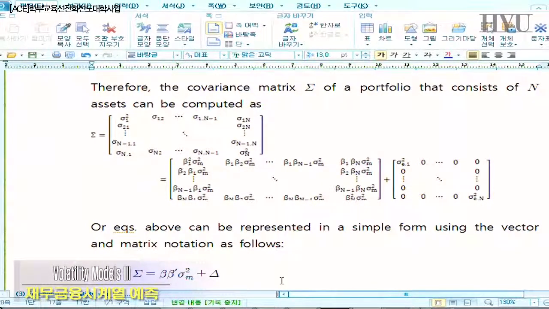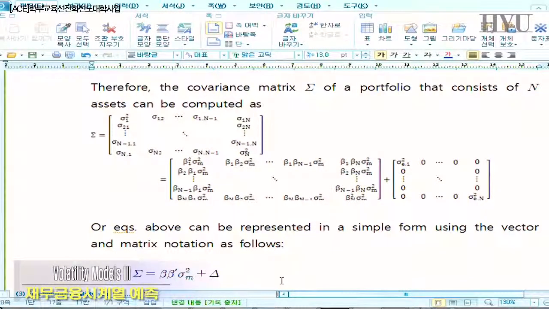Well, if you want to predict the future value of this one, then you can give it a dynamics. This is constant variance, market variance, right? But we know that KOSPI volatility appears to be varying over time as well, right? So you can specify this one as GARCH volatility.